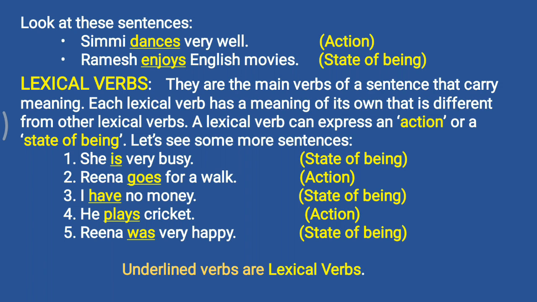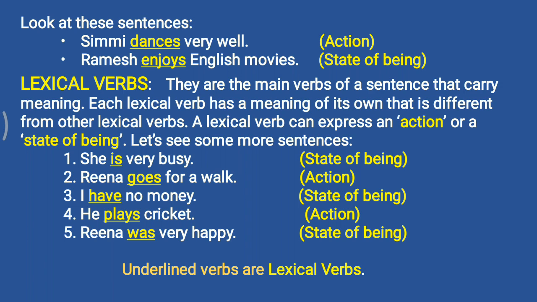So what is a lexical verb? They are the main verbs of a sentence that carry meaning. Each lexical verb has a meaning of its own that is different from other lexical verbs. A lexical verb can express an action or a state of being.